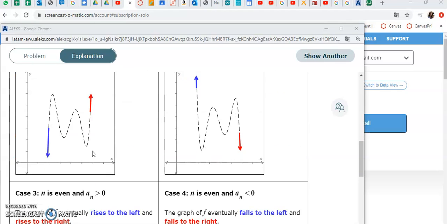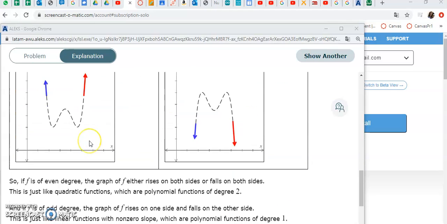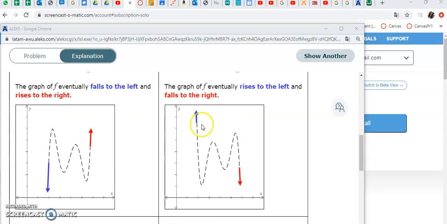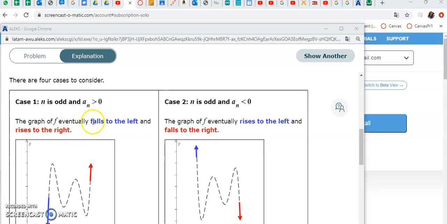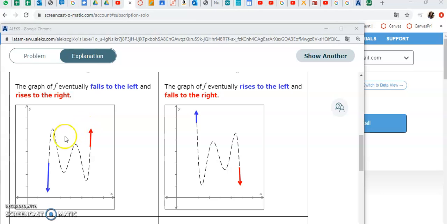When we have an odd degree, and also when the leading coefficient is positive, as in this case, N, which is the degree, is odd, and the leading coefficient, a subindex n, is greater than 0, which is a positive number. We're going to have this behavior. It is falling to the left and it is rising to the right. Okay, it falls to the left and rises to the right.